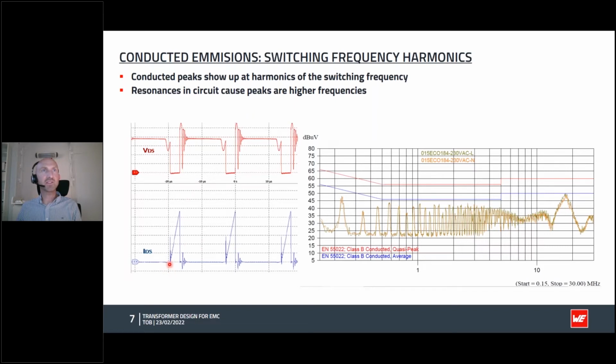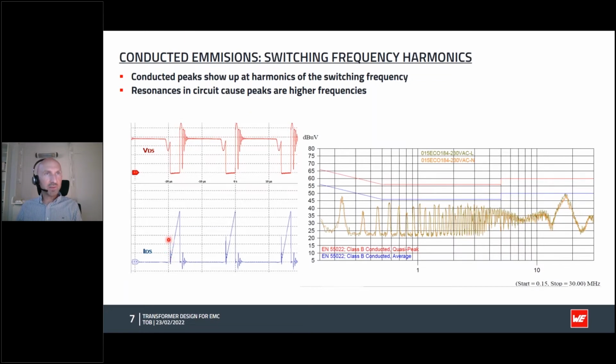Then we have the current. When we turn on the switch, as I said, we have no or very little voltage across the switch, but we have our full voltage across the winding of the transformer. So the current will rise linearly up to a certain point, and then we switch off, and then the voltage, as I mentioned, will swing back up.